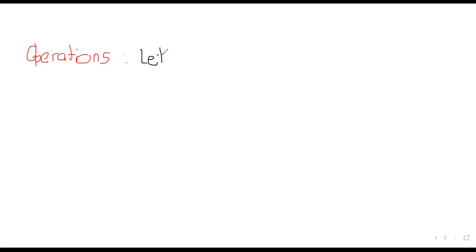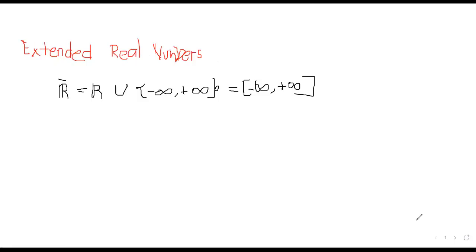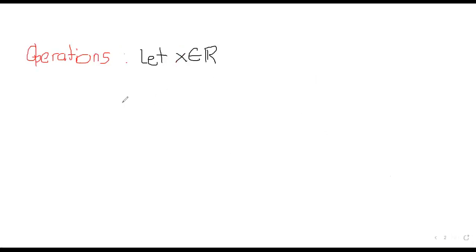Let's say we have any real number x. What will the operations be when infinity is involved, since we added additional elements? What happens in addition and subtraction with infinity? That is what we will focus on. Under addition first.